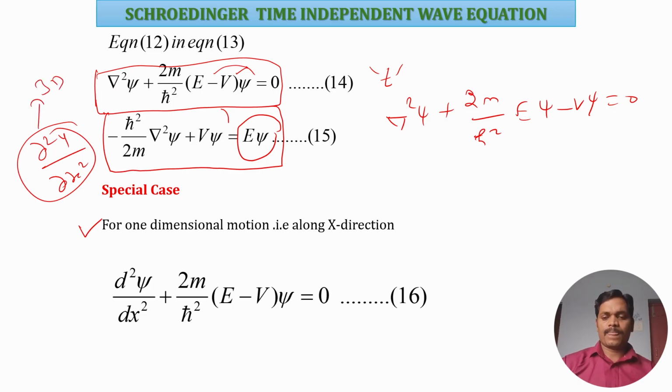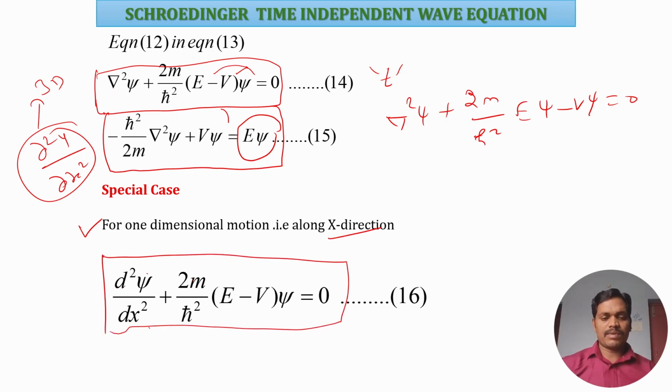Whereas if a particle undergoes motion in a particular direction, say along the x-axis, then instead of dou square psi by dou x square, you can use d square psi by dx square plus 2m by h cross square into E minus V into psi equal to 0. Using this relation, we can discuss the important applications of the Schrodinger wave equation. So the final equation for one dimension is d square psi by dx square plus 2m by h cross square E minus V into psi equal to 0.